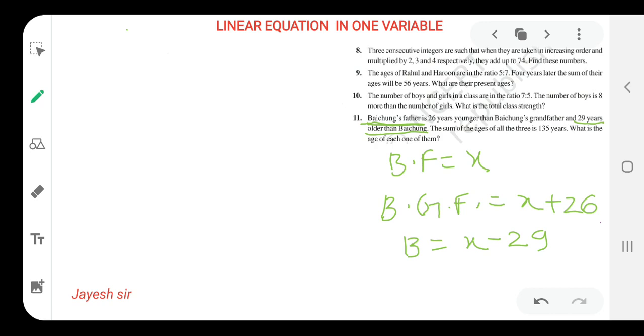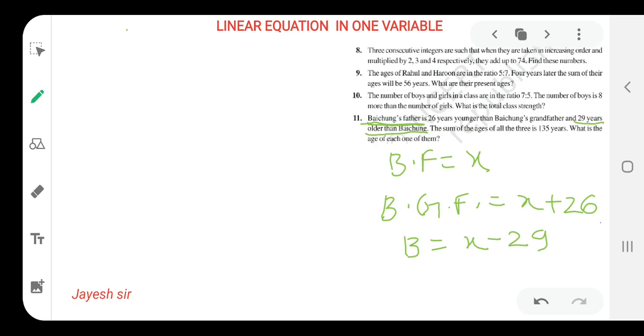We have assumed the age of Baichung's father as x, so the grandfather would be x plus 26. Similarly, Baichung's father is 29 years older than Baichung, so Baichung's age would be x minus 29. I hope you all might be getting it.